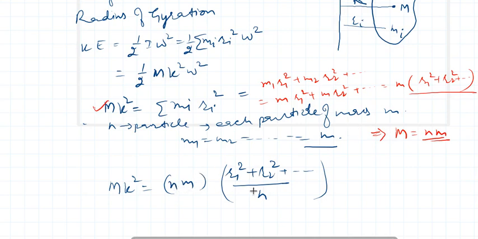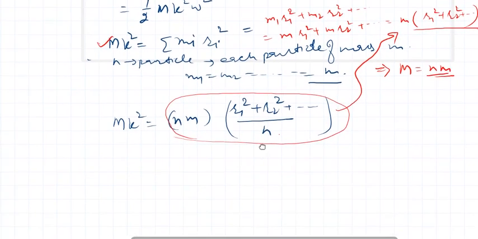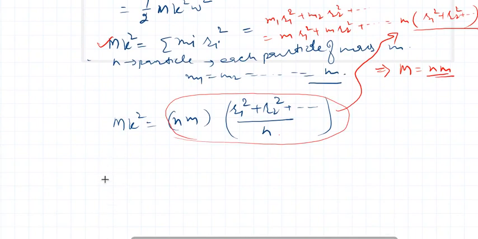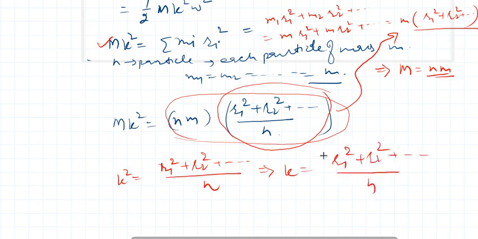Keeping this in mind, I will divide by n. So this whole term is sitting in place of k square. So k square is r1 square plus r2 square and so on, divided by n. So we can say that k is equal to the square root of r1 square plus r2 square and so on, divided by n.